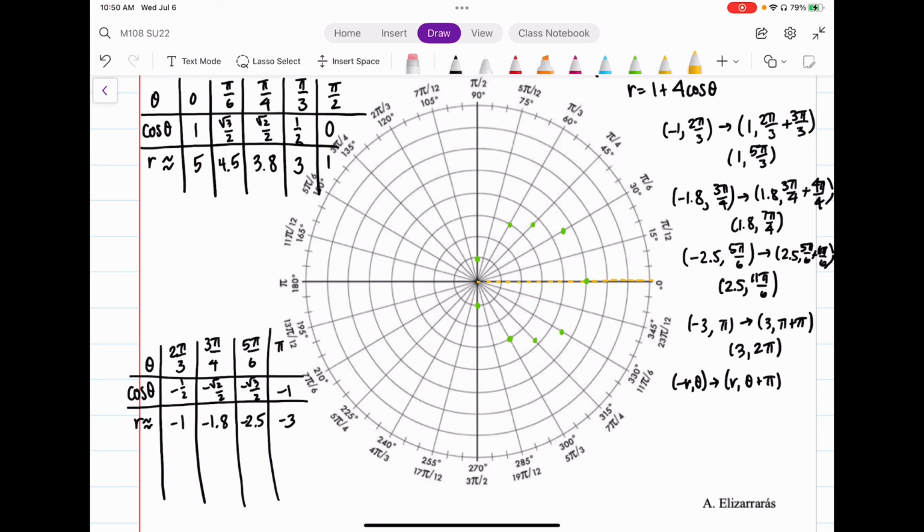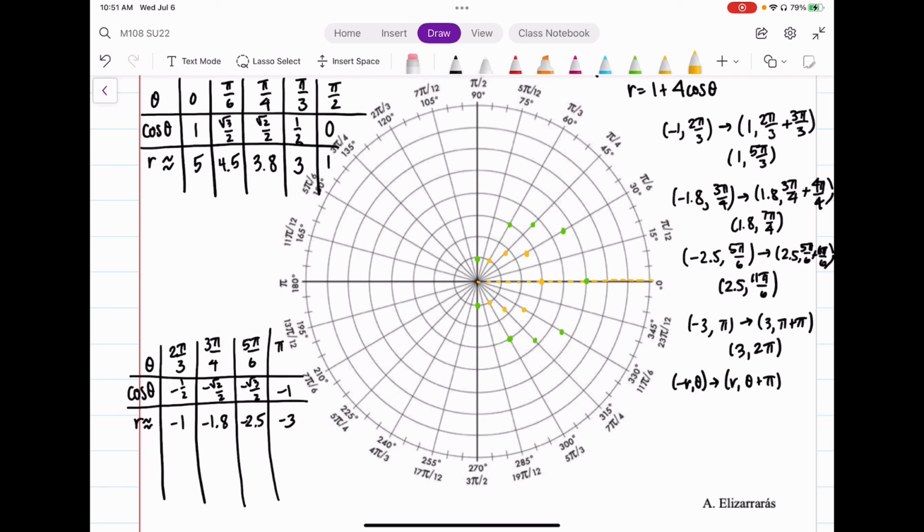So 5 pi over 3 has a circle distance of 1, which I can mirror over the polar axis on the pi over 3 theta angle. 7 pi over 4 has a distance of 1.8, which I can mirror at pi over 4. 11 pi over 6 has a distance of 2.5 roughly, which I can mirror at pi over 6. And then 2 pi, which is also 0, has a distance of 3.